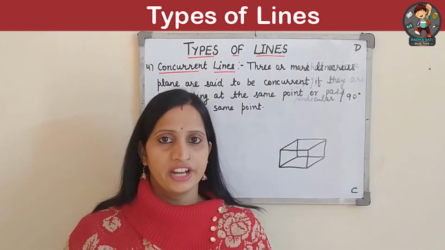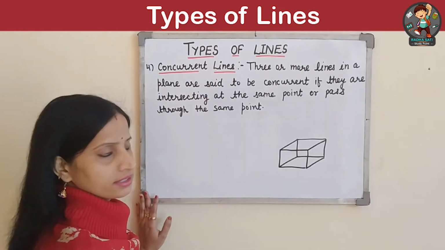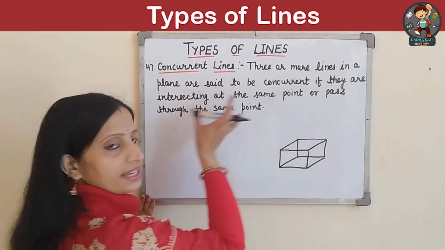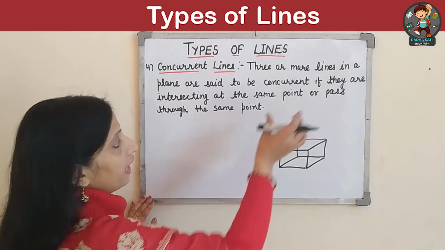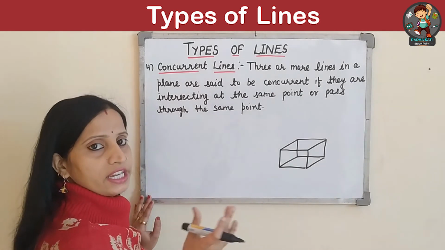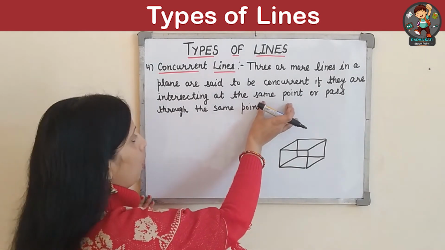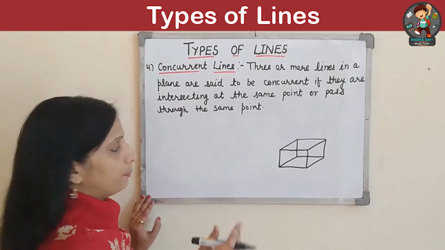Okay. Now the next type of lines are concurrent lines. Three or more lines in a plane are said to be concurrent lines if they are intersecting or meeting with each other at the same point, or if they pass through the same point.